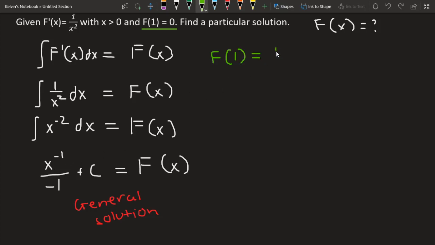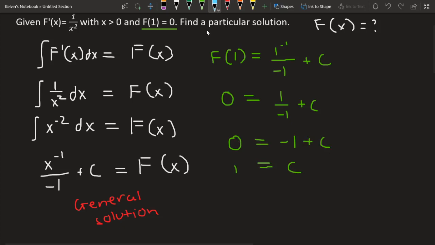So this would be equal to 1 to the power of negative 1 over negative 1 plus c, and capital F of 1 is equal to 0. 0 is equal to, and 1 to the power of negative 1 is still 1, over negative 1 plus c. 0 is equal to negative 1 plus c. 1 is equal to c.